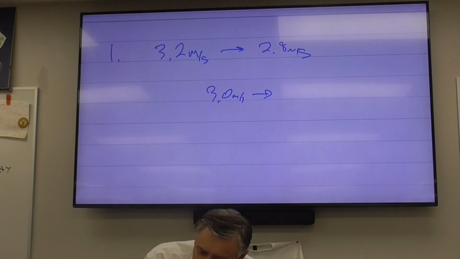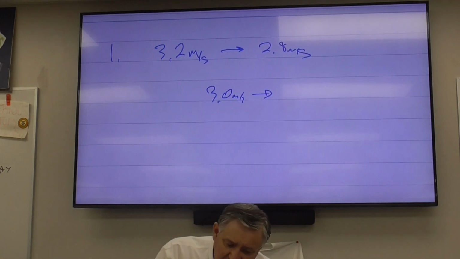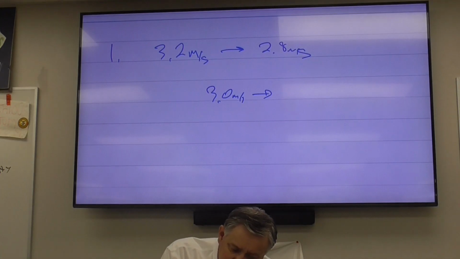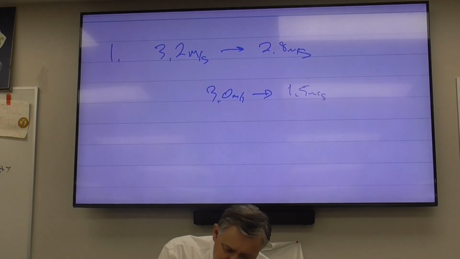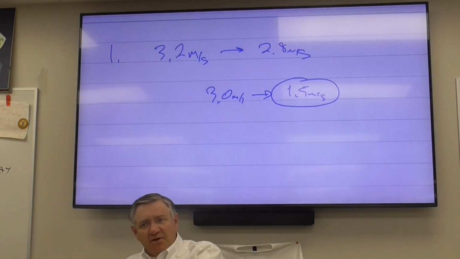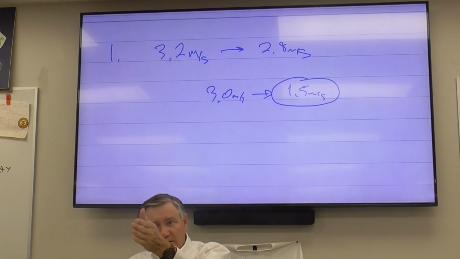Because you're told on this one that if it was exactly 3, that would be moving at 1.5 meters per second. So if you knew it was exactly 3 meters per second, it would be cut in half.